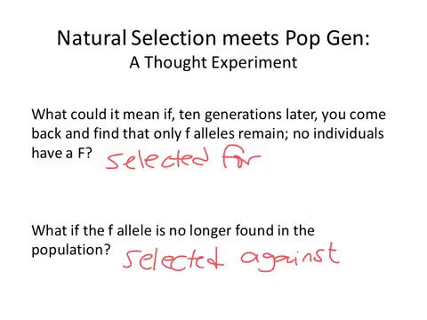Okay, so by chance, maybe, that one individual that had the little f allele didn't reproduce. Didn't find a mate, died before sexual maturity. So there are other explanations, that's the point. We tend to think that if we see a change in allele frequencies, that's because selection is acting, either for or against that allele. But that's not the only way that allele frequencies change in a population.